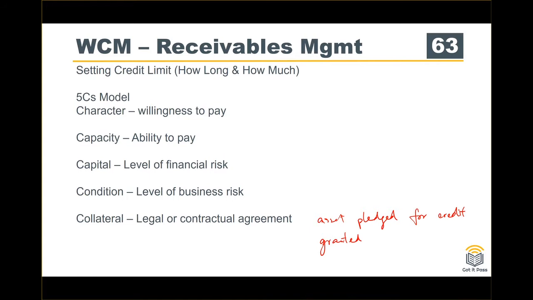So if a firm is established and has a long history trading with different customers, then a new customer may be asked to provide some collateral as a pledge to have any credit granted. Sometimes the company asks you to have the bank issue a standby LC, what we call SBLC.